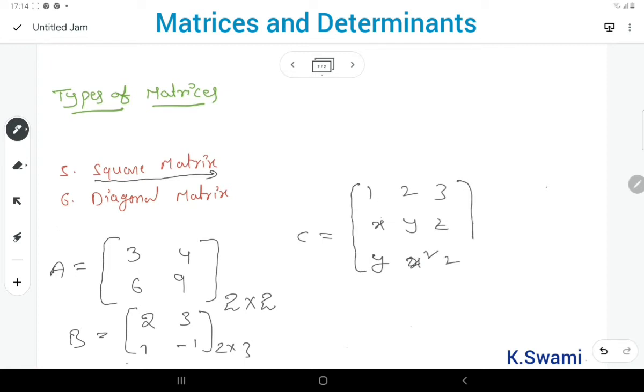The order of this matrix is 3 by 3. So number of rows is equal to 3 and number of columns is equal to 3. So both are equal. This type of matrices is called the square matrix. So example 1, example 2 and example 3.